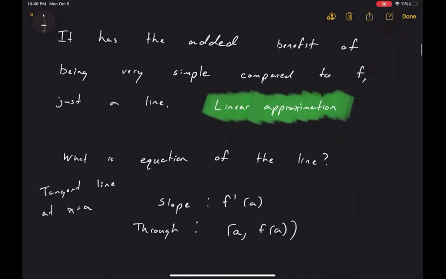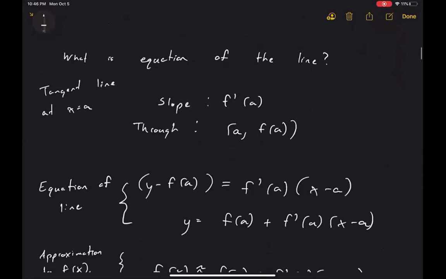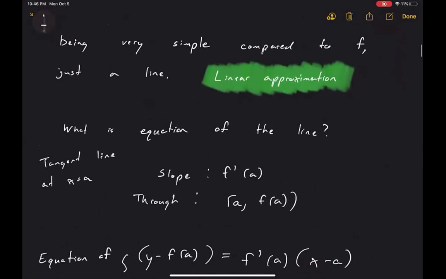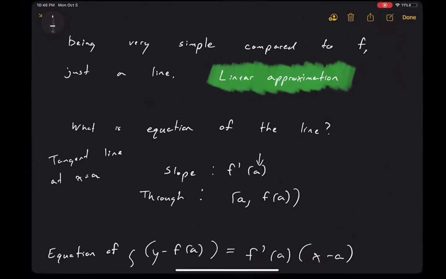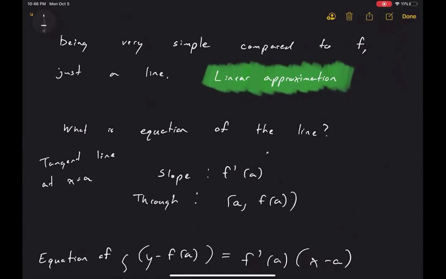What is the equation of that line? Well, we know its slope is going to be f prime of a, because my derivative gives me the slopes of my tangent lines. So my derivative at a gives me the slope of that tangent line. So this is the line's slope.